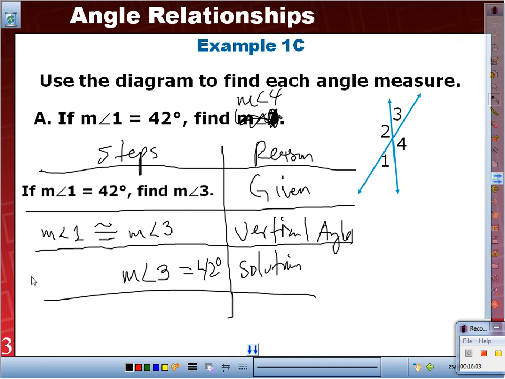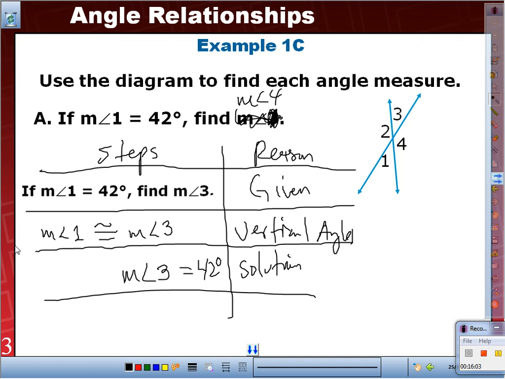Measurement of angle 4 plus 42 degrees is equal to 180, right?